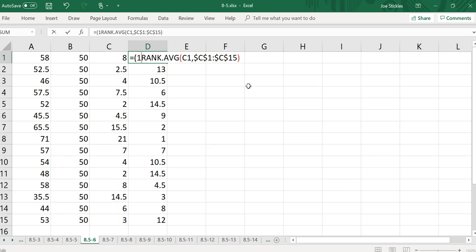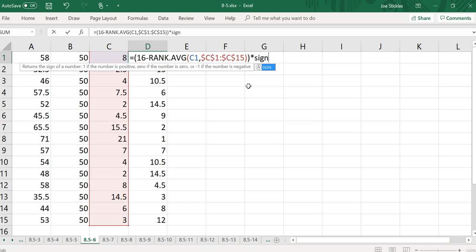I'm going to do 16 minus it. So that'll make the highest the lowest and the lowest the highest. Right? We agree with that? You see what I'm doing? Then I'm going to close off those parentheses, and then I'm going to multiply this by the sign of the difference between the A1 and the B1.